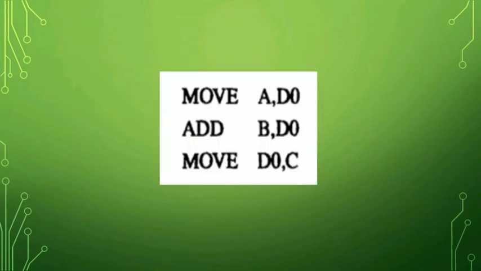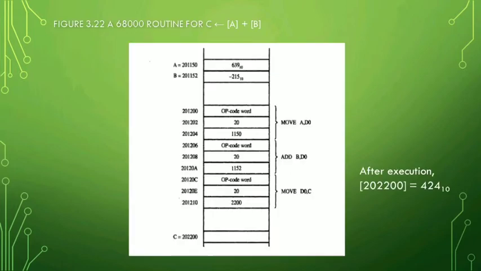Let us now consider a simple routine for the task where the sum of A and B is moved to C. The required task can be performed as follows. These instructions may be stored in the memory of a 68000 computer, as shown in Figure 3.22. The figure shows hexadecimal values for the addresses and operands.